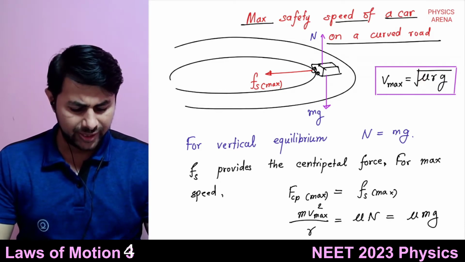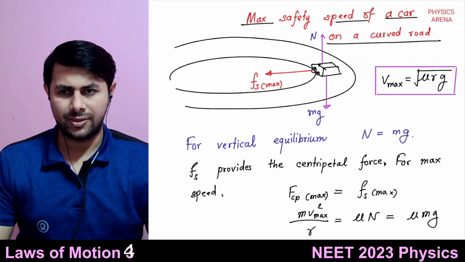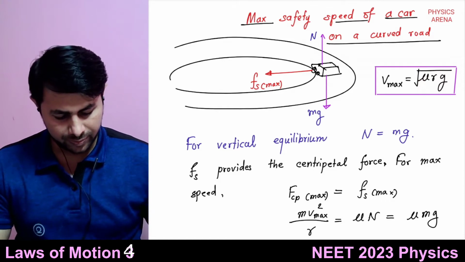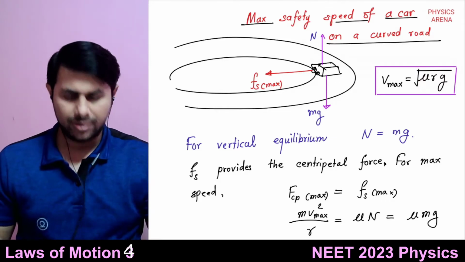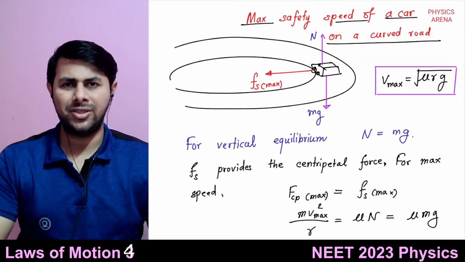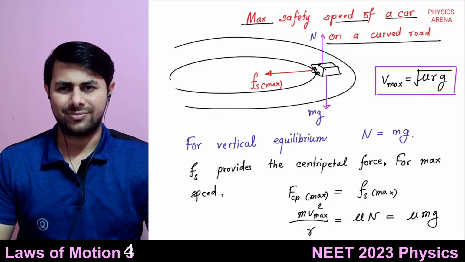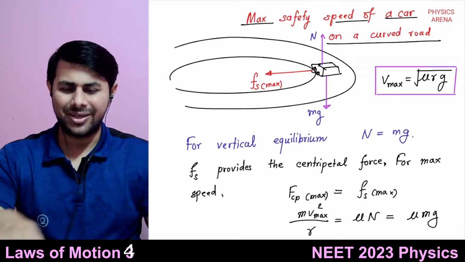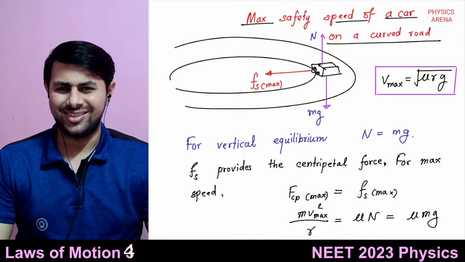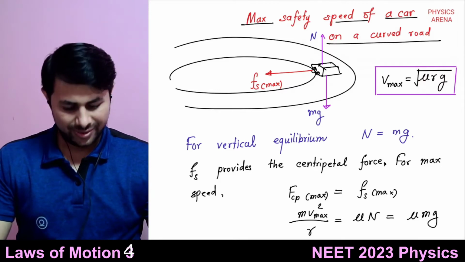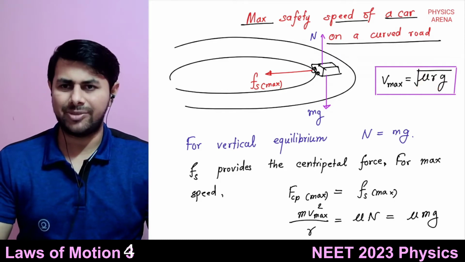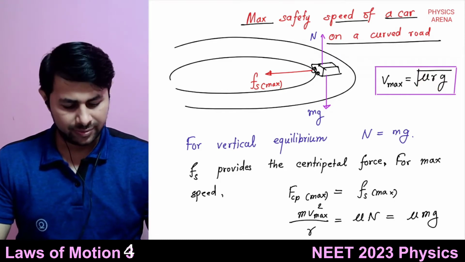Especially in the hilly regions, if your vehicle skids on a horizontal road surface, that's fine. But if that road surface ends up in a valley, it is not fine, right? So you cannot rely upon this formula to get you the maximum safety speed limit.